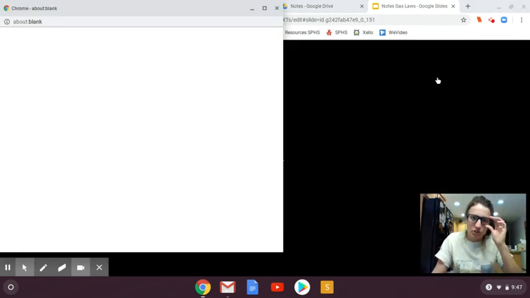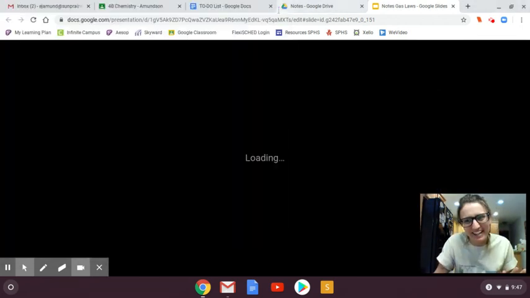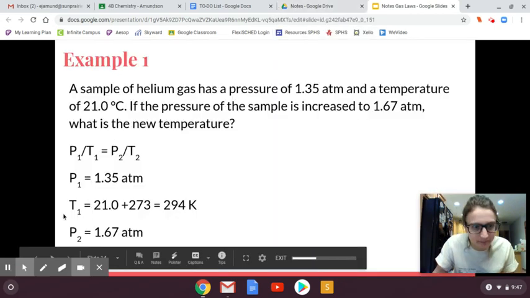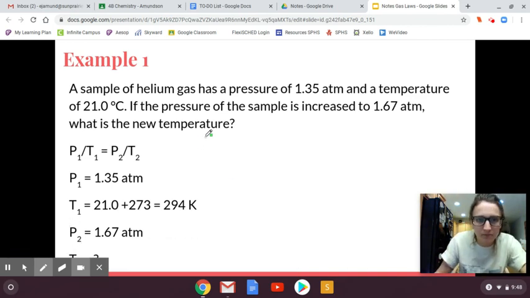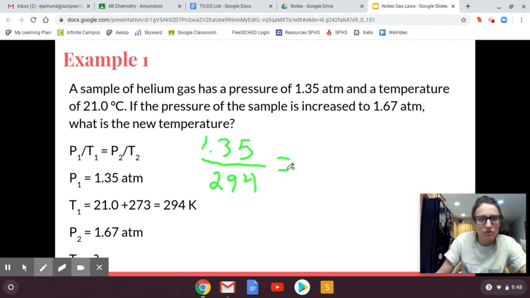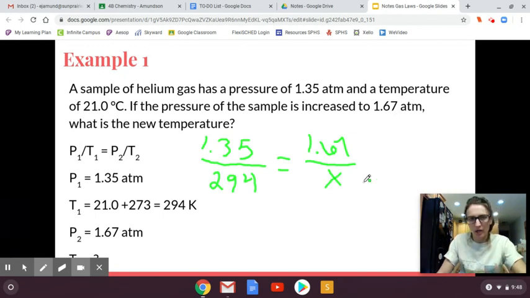I'm going to do this again to show the cross multiplication. So P1, 1.35 atm divided by T1, 294 Kelvin, is equal to P2, 1.67 atm divided by T2, which is the unknown, so you can plug in X if you want.